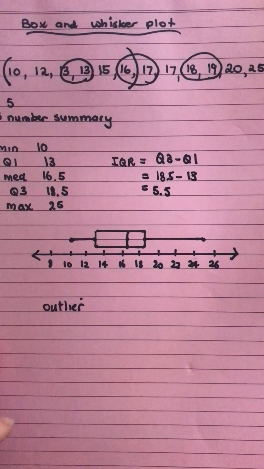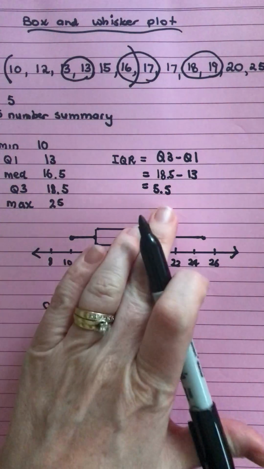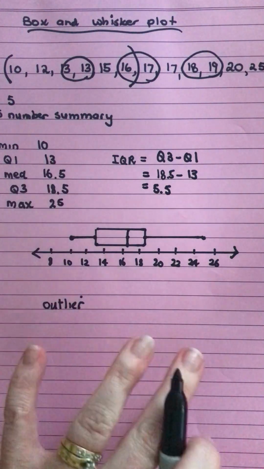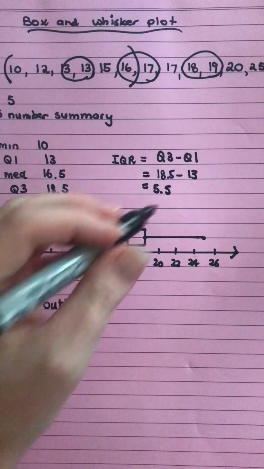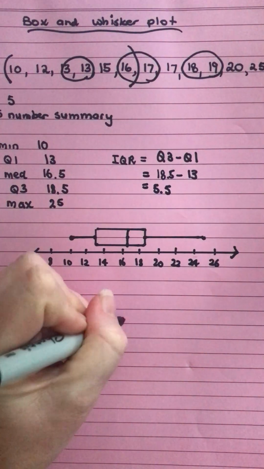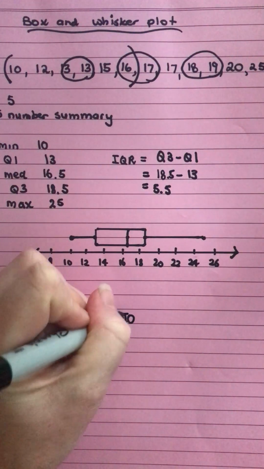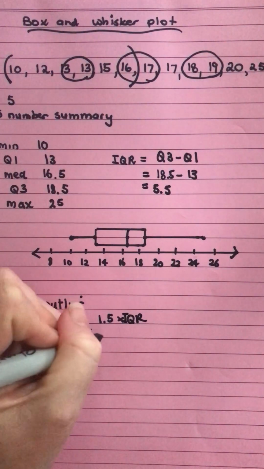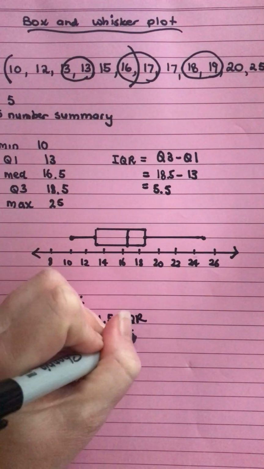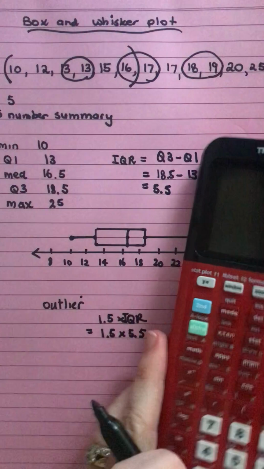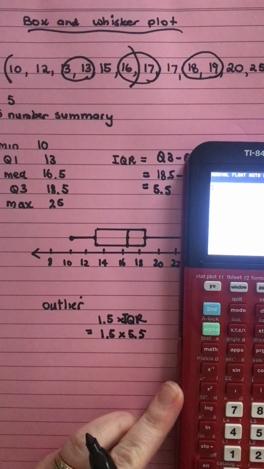Now the rule for our outliers is 1.5 times that number added or subtracted to Q1 or Q3. So I'm going to do 1.5 times my IQR, which will be 1.5 times 5.5. So I'm going to grab my calculator and do that. 1.5 times 5.5, and I get 8.25.